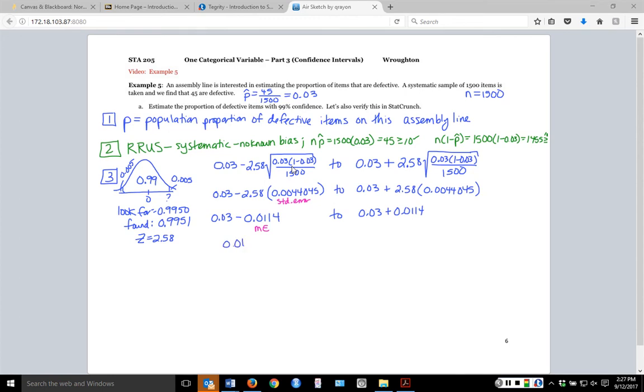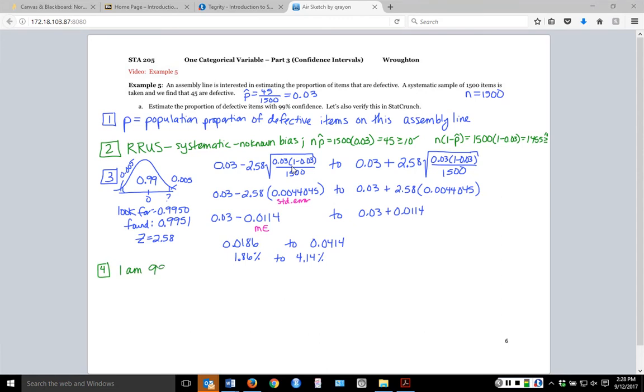We get 0.0186, 0.0414. And then I can change this to percentages, so multiply by 100%. That's 1.86% to 4.14%.